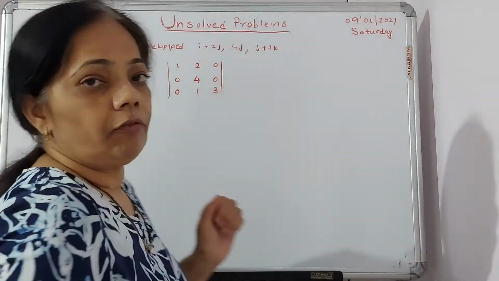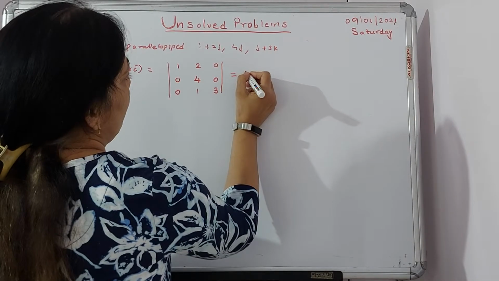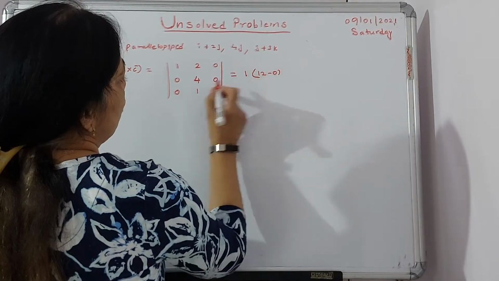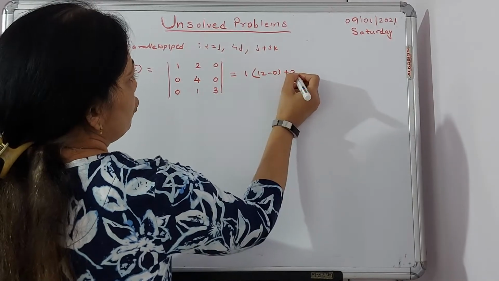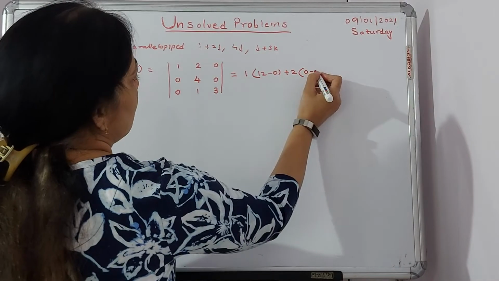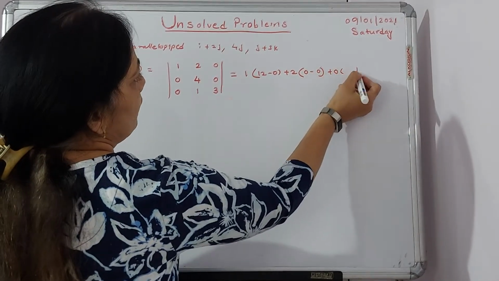Right. So after writing this determinant, our next job is to expand: 1 into 4 times 3 is 12 minus 0, 1 into 0 plus 2 into 0 into 0 minus 0 into 3 plus 0, don't have to write anything.